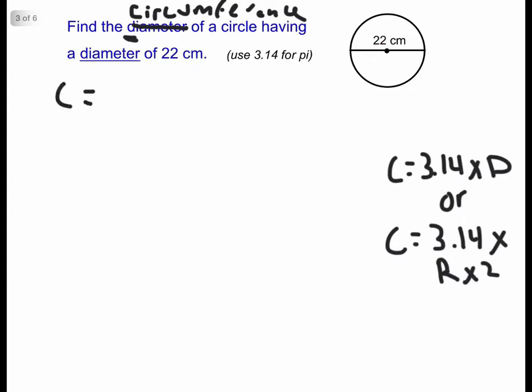So circumference equals 22, which is our diameter, multiplied by our pi, which is 3.14. Now we have our diameter in there, and we have pi in there, so now we just need the answer, and that would equal, when we throw this into our calculator, 50.24.